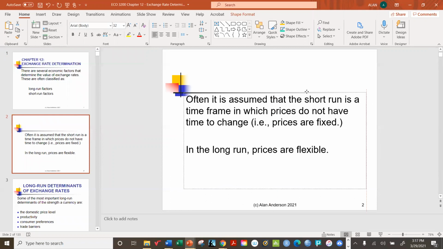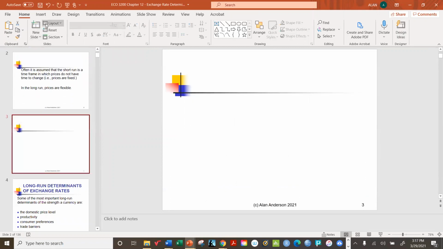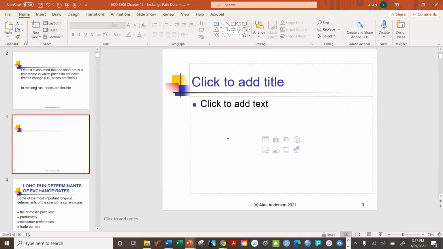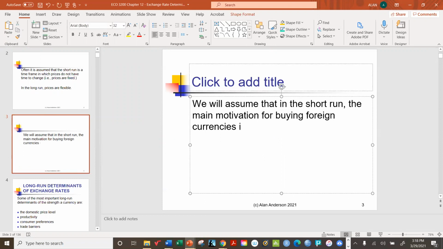Now, as far as exchange rates are concerned, we're going to assume a few things. We will assume that in the short run, the main motivation for buying foreign currencies is to invest in foreign financial assets.